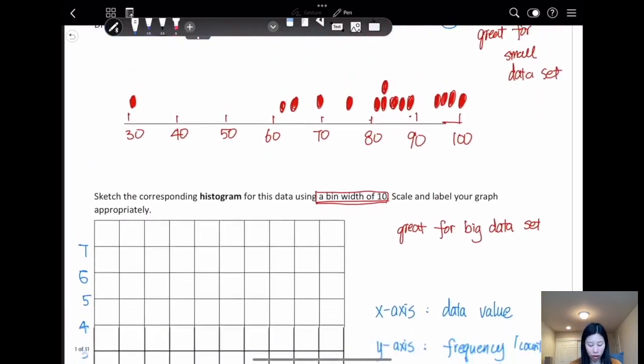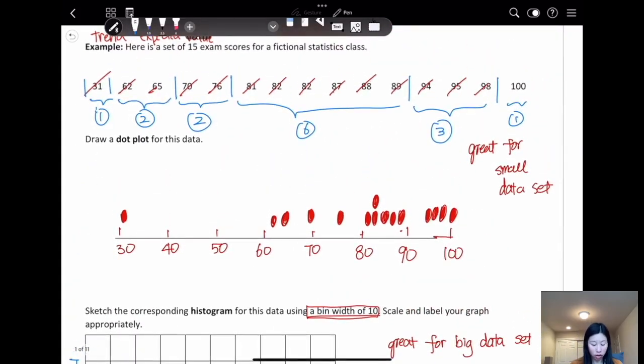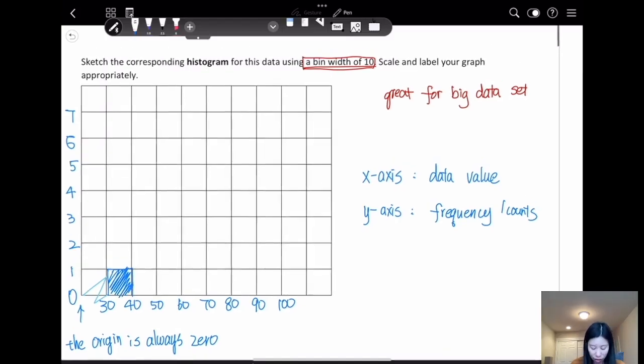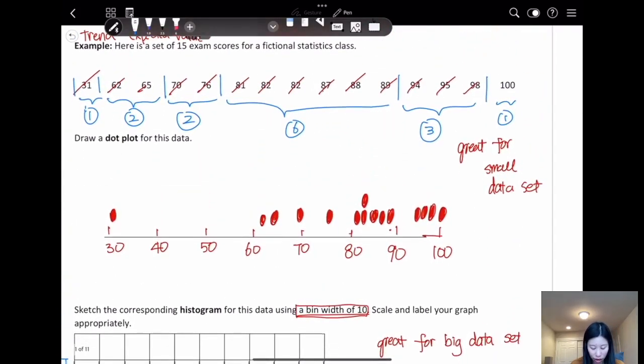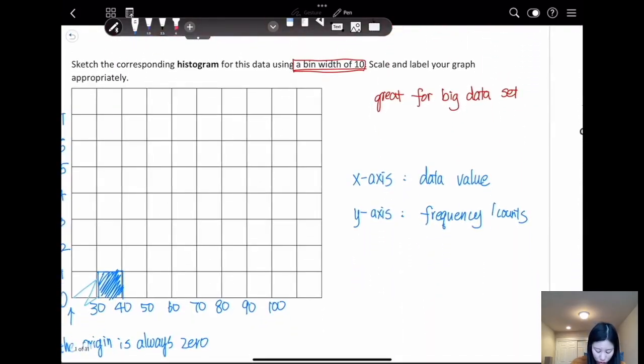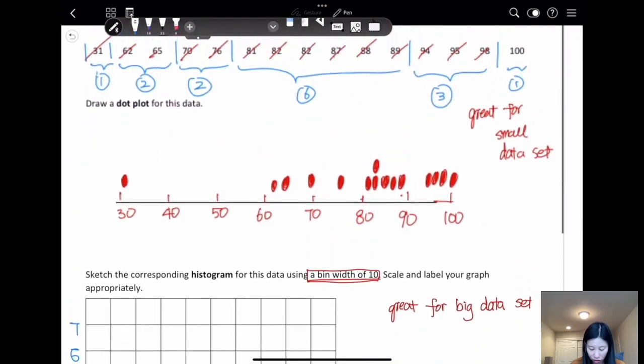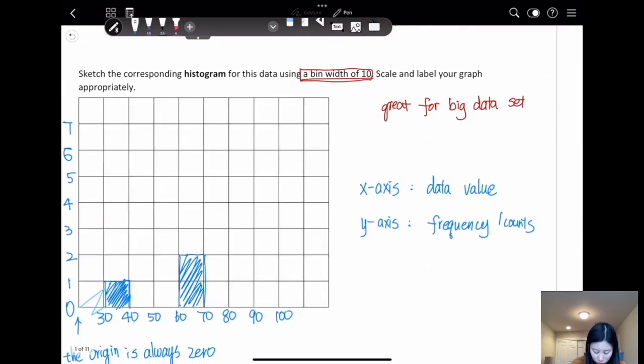So look. For the group of 30s, we have one data point. And then the 60s, we have 2 data points. That means from 60 to 70, we have a 2. So we draw it in here. And then the 70s, we have another 2. They can be adjacent to each other.